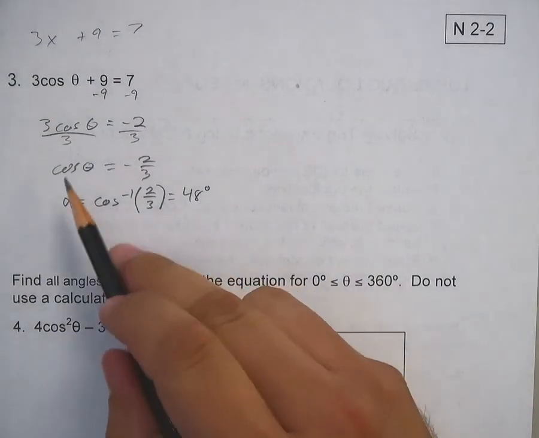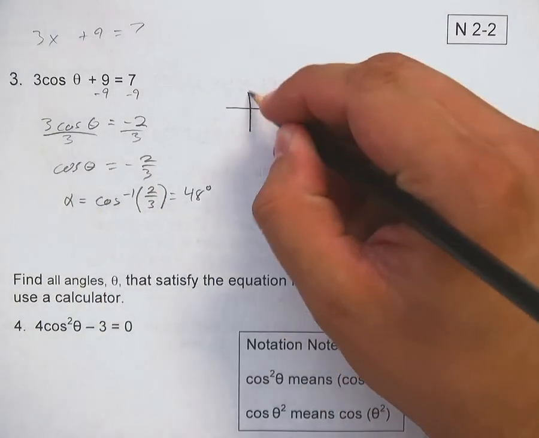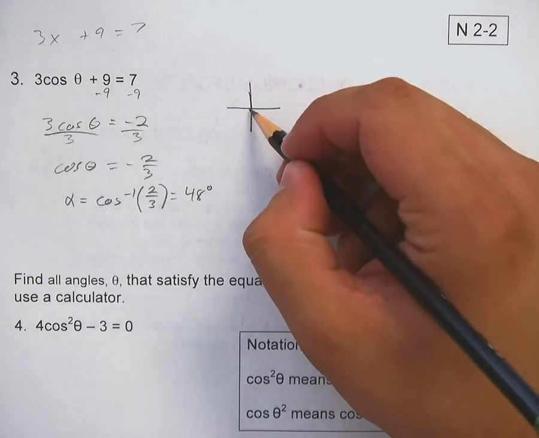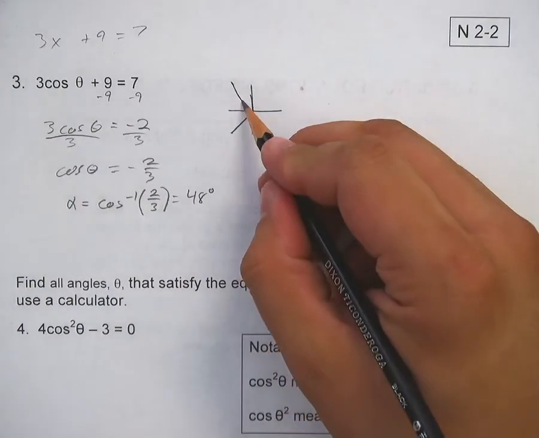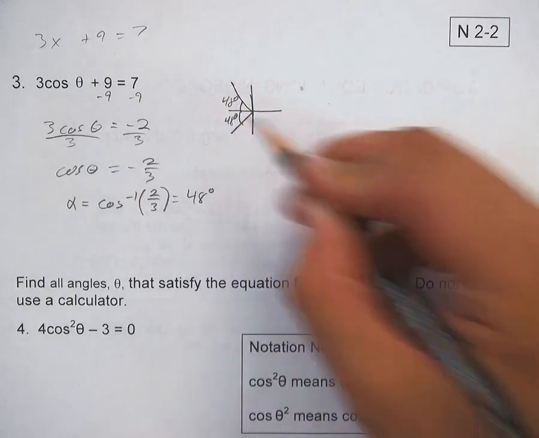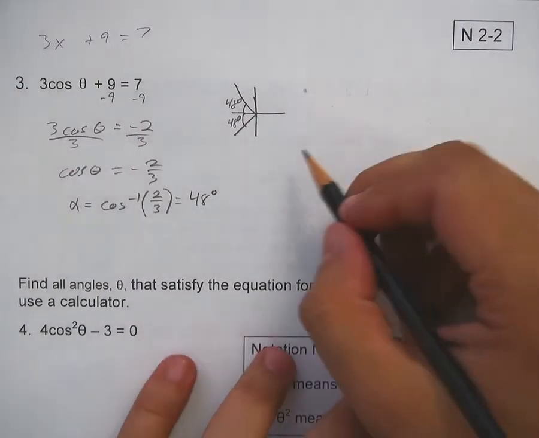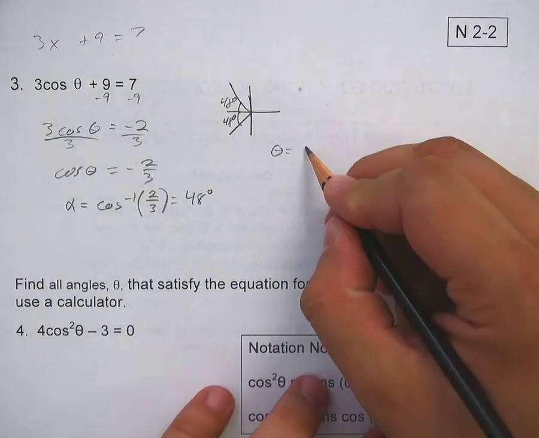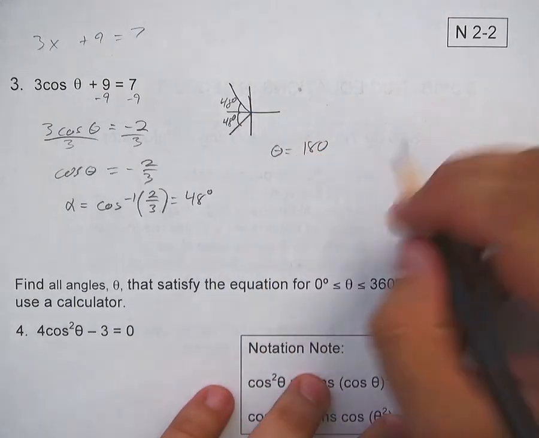And again, you look at cosine being a negative value. Where is cosine negative? Cosine is negative here and here. So it's 48 degrees, 48 degrees. So come up with what your thetas are. Theta is 180 minus 48 to go to the second quadrant.